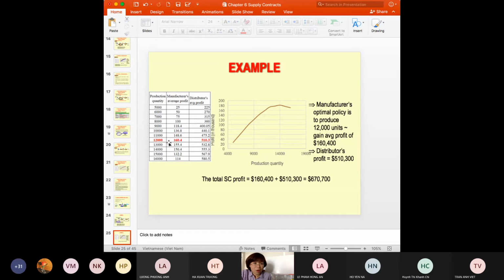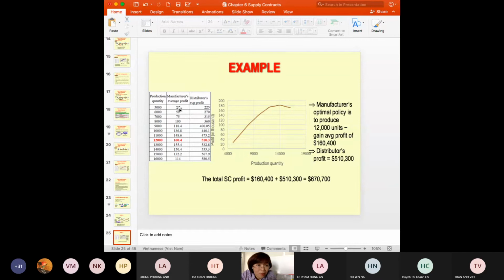For the manufacturer, the highest profit value is at 12,000 products. For the distributor, if you look at this table, you can see the profits increase.